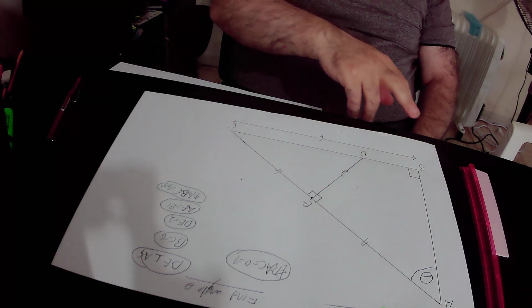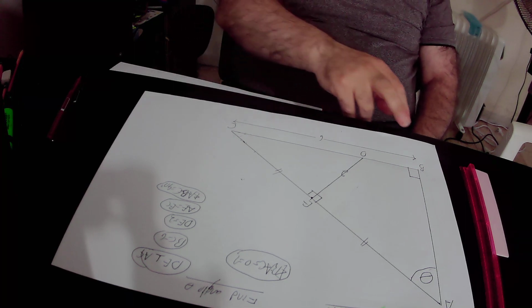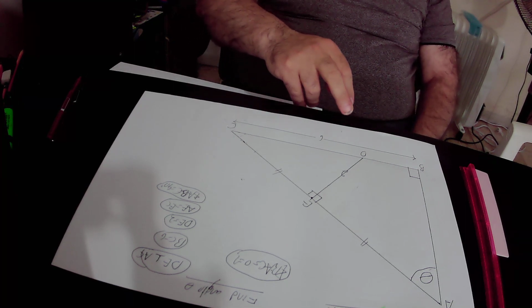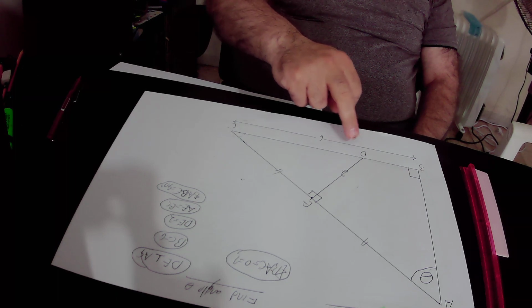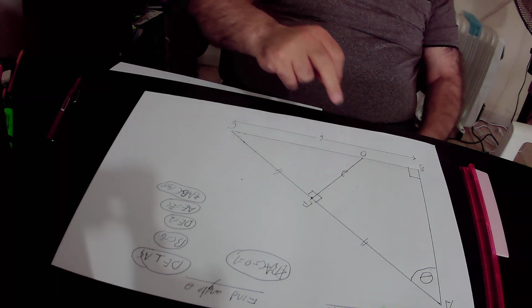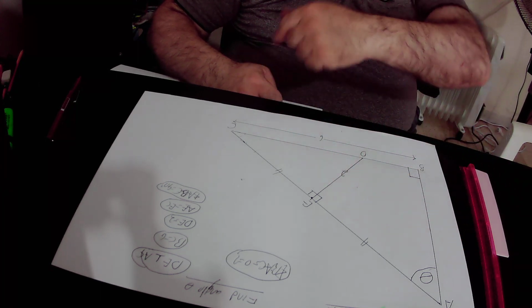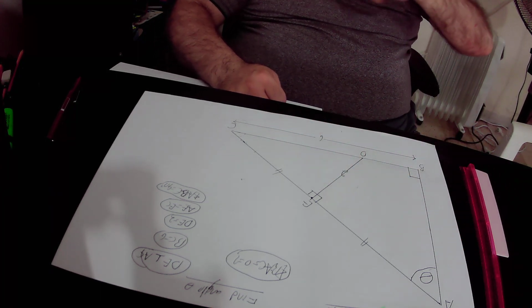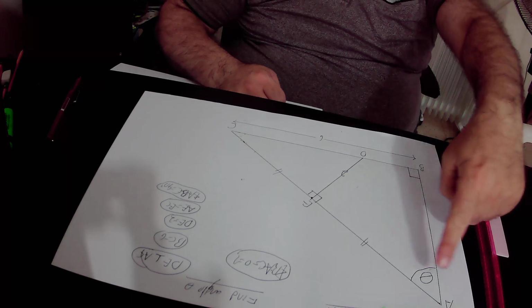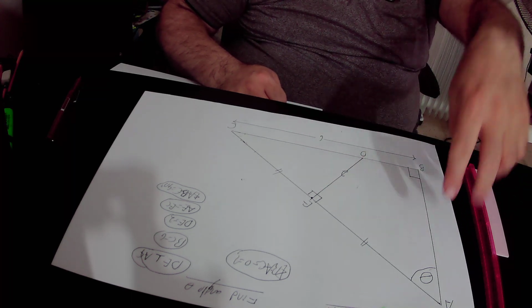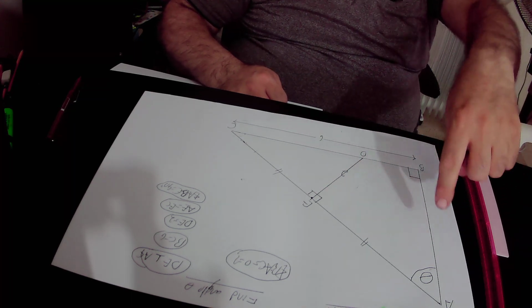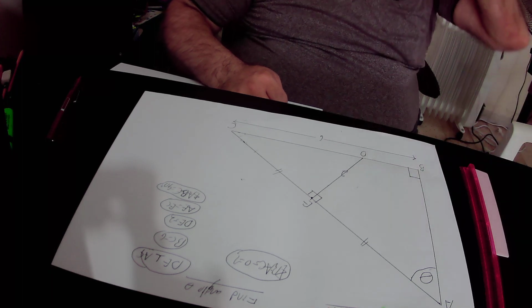We also know that side BC of the right triangle is equal to 6 units. Line segment OE equals 2 units, and we also know that line segment AE equals EC. And angle BAC equals theta, and that is the angle that we are looking for. We want to find out the size of this angle, angle theta.